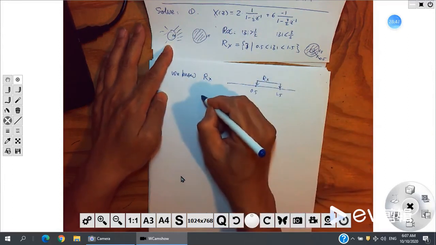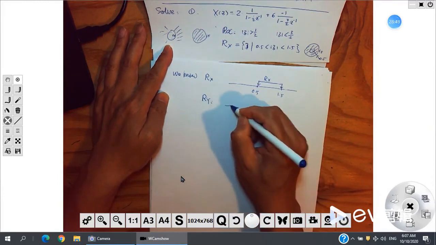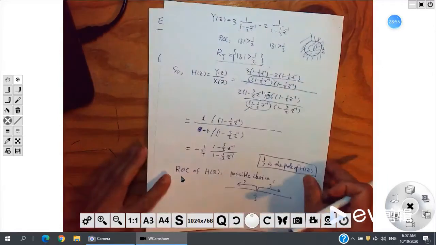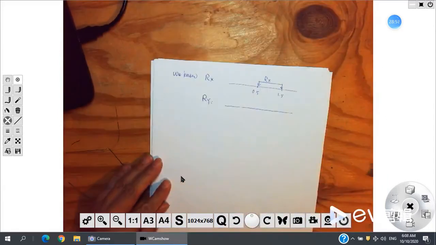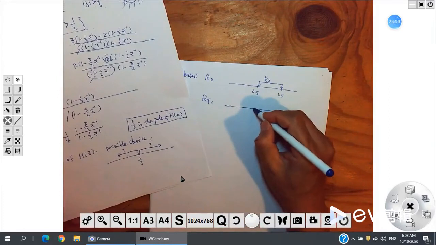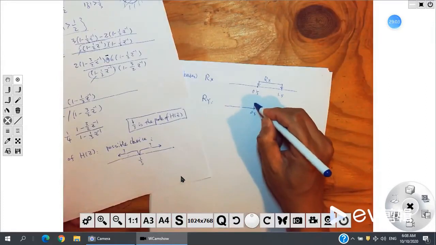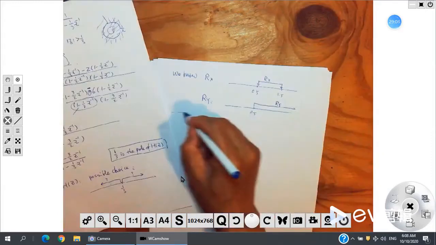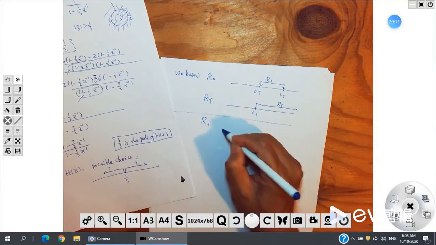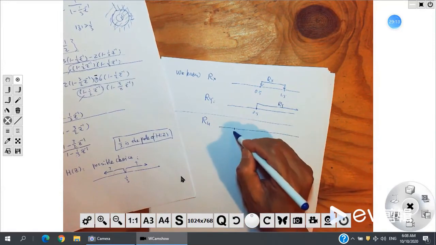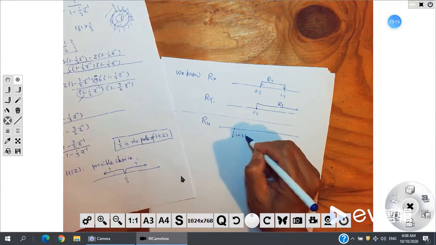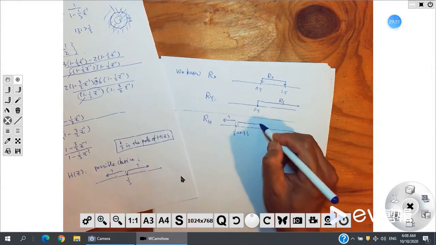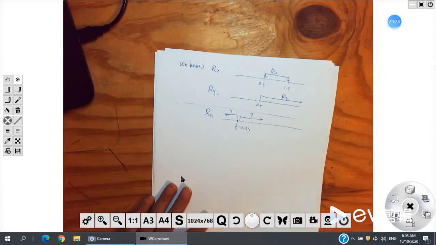And Ry is larger than 1/2. Ry is here, it's still here, 0.5. This is Ry. And now RH will be around 1/3. 1/3 is here, and it will be here or here. Okay, we have two choices.